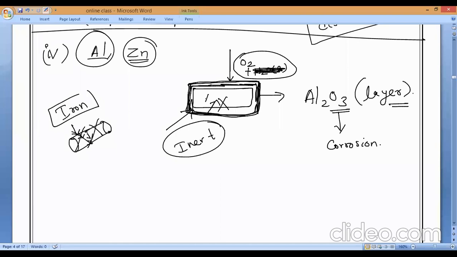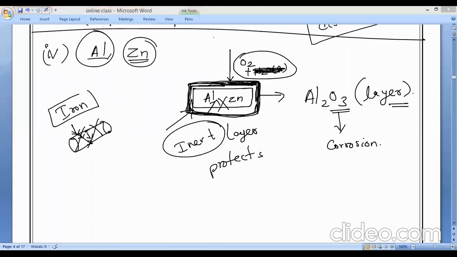But in the case of aluminum or zinc, the upper layer alone reacts with oxygen and forms an inert layer, or we can also say a protective layer. So it will protect the aluminum metal from further corrosion, and further corrosion won't take place.